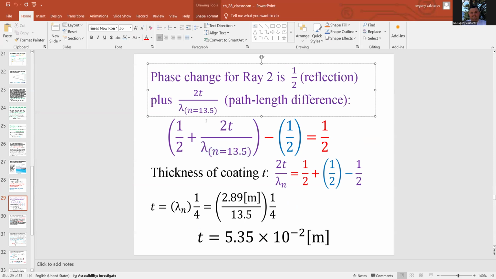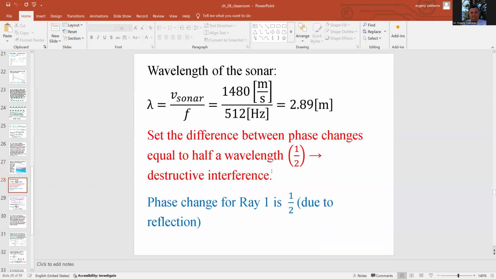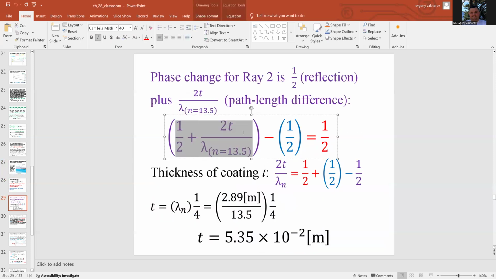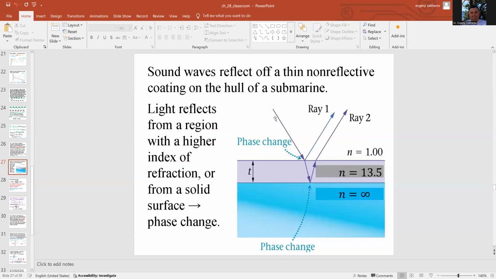So reflection one half, and the distance traveled through the anti-reflective coating. That's what we get. And then it's one half for the second ray.